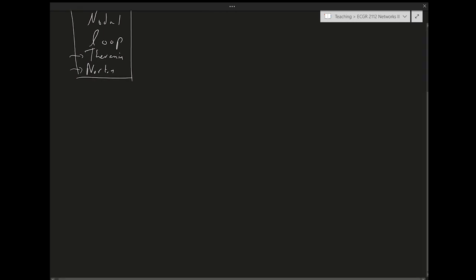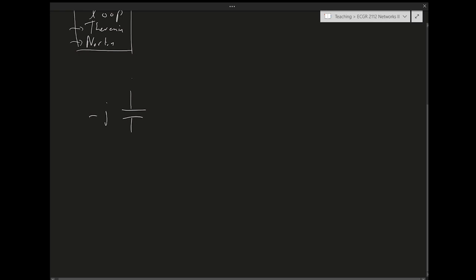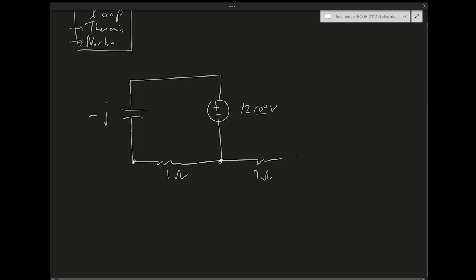Okay, so this is the circuit we want to analyze. Capacitor minus J, voltage of 0 volts, and then resistor 1 ohm, resistor 1 ohm. This is the dependent current Ix. We're measuring the current and using it for the dependent source, an actual current source, 4 amps.